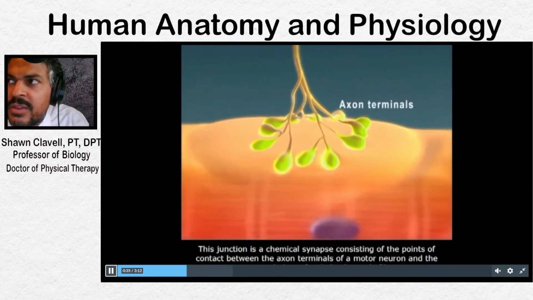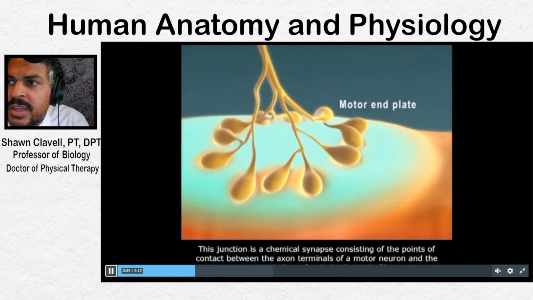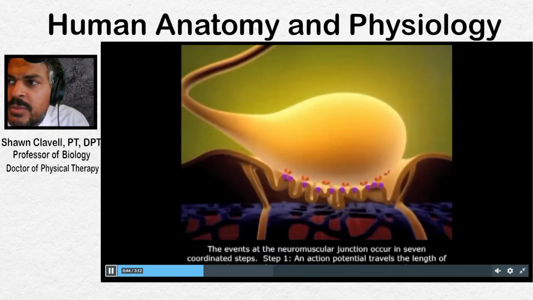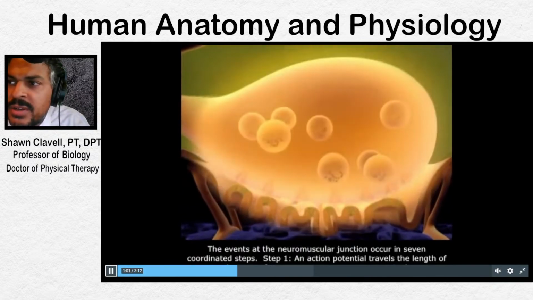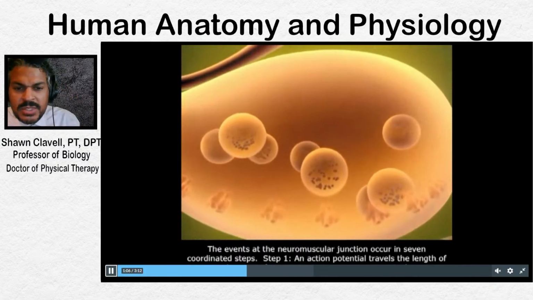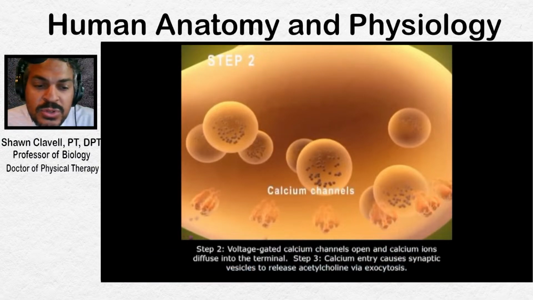You can see that there's a synaptic bulb here of the axon, and then the motor end plate with a very small space in between. The synaptic bulb will release the neurotransmitters to bind onto the cell membrane and cause an action potential to travel down there.